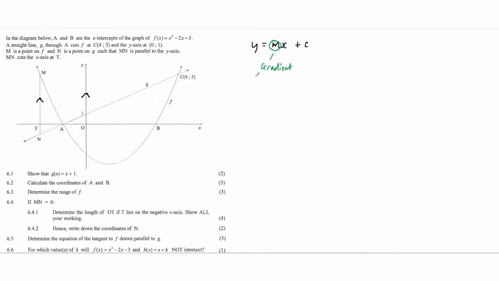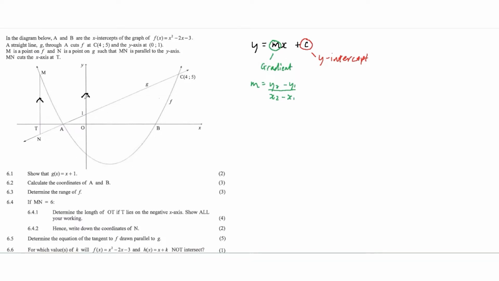And the gradient we can calculate using the formula m equals y2 minus y1 over x2 minus x1, if we know the coordinates of two different points on our line. And the c value tells us our y-intercept. So we need to calculate these two values to determine the equation of our graph.